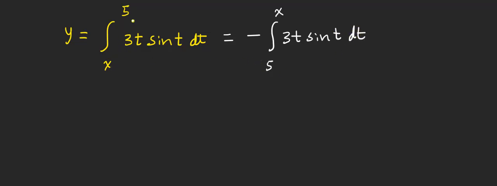Whenever you switch the lower and upper limits, you have to take out the negative. That's one of the properties of integrals. So now, how do you find dy over dx? It's the derivative of this integral over here. So all you've got to do is replace t with x and just keep the negative outside. You get negative 3x sine of x.